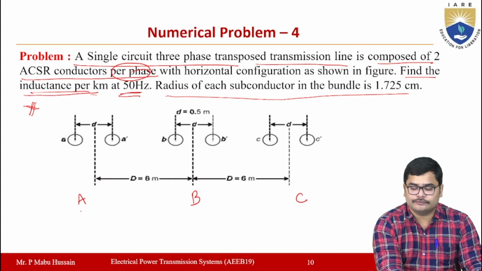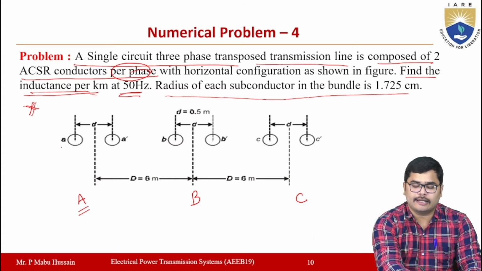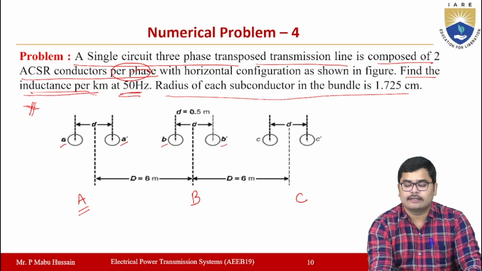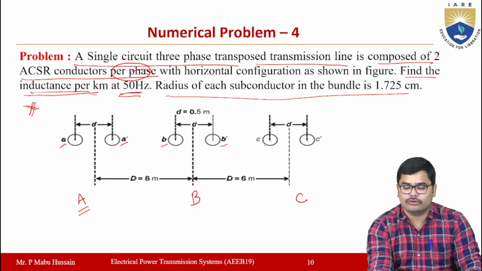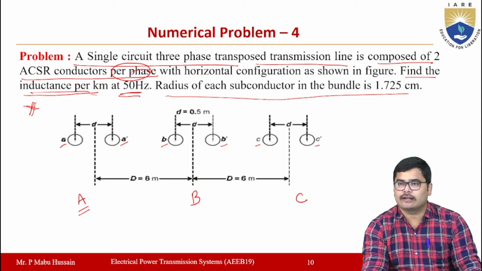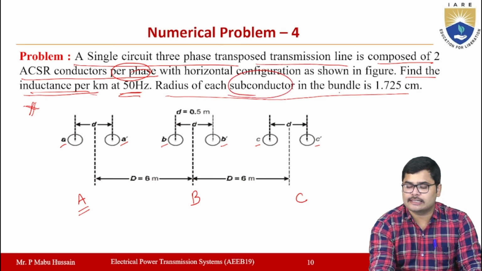Phase A has two subconductors, A and A dash, phase B has two subconductors, B and B dash, and C also has two subconductors, C and C dash. So in each phase we are using ACSR conductors, composed of two conductors in each phase.